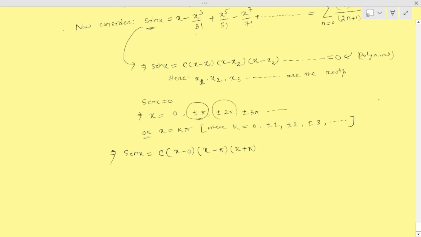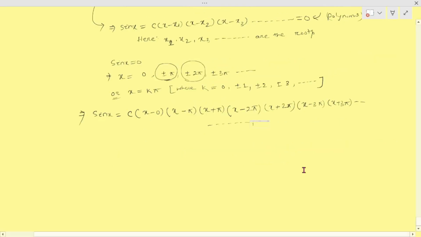Then by considering plus or minus 2, we can again get two roots. That means (x minus 2 pi) into (x plus 2 pi), right? Then (x minus 3 pi) into (x plus 3 pi), and so on. Or this can be written in product format: sin x will be equal to c, here x minus 0 means x, product from k equal to 1 to infinity of (x square minus k square pi square).